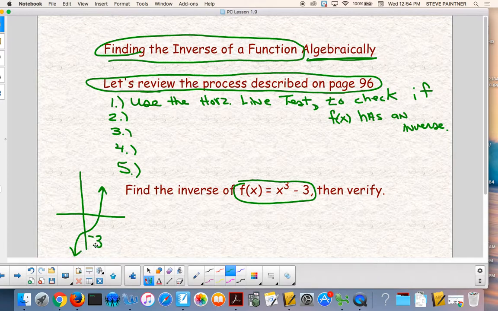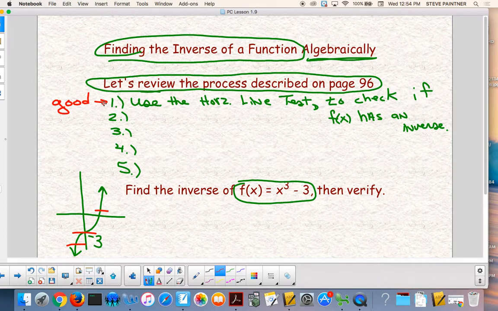Use the horizontal line test to check. Does it hit it once? Yeah, pretty obvious. Once. So yes, this does have an inverse. So I'm going to write the word good for number 1. Because if you check it and it doesn't even have an inverse, then you're wasting your time trying to find the inverse. So step 1, check to see if it has an inverse.